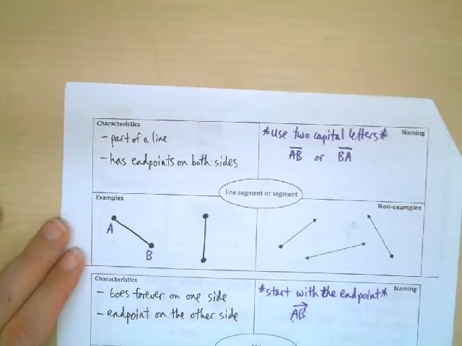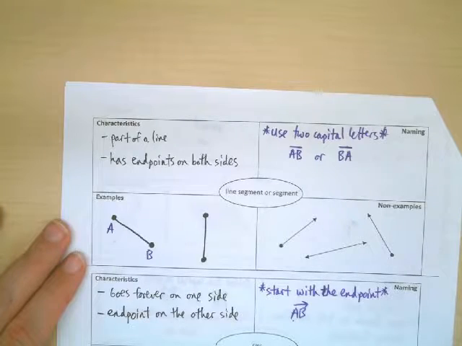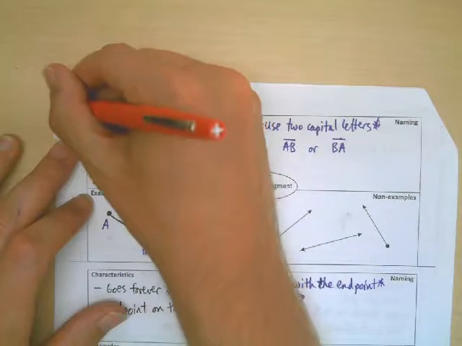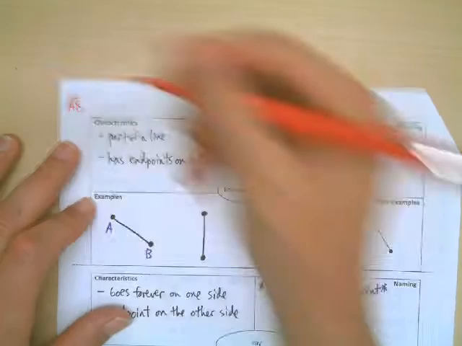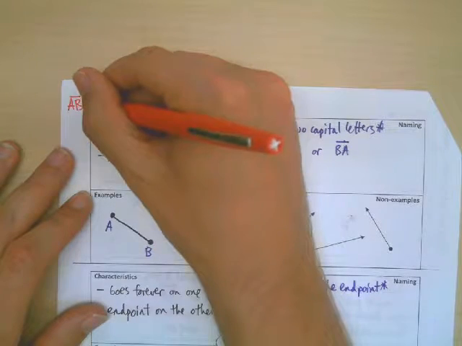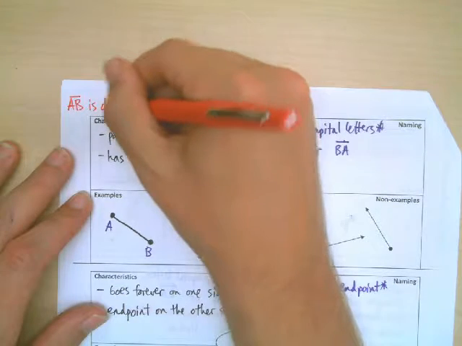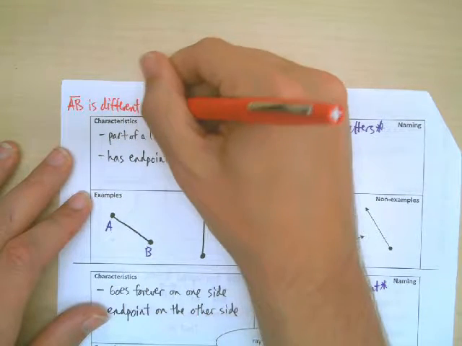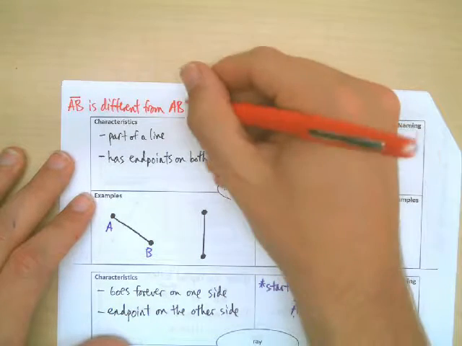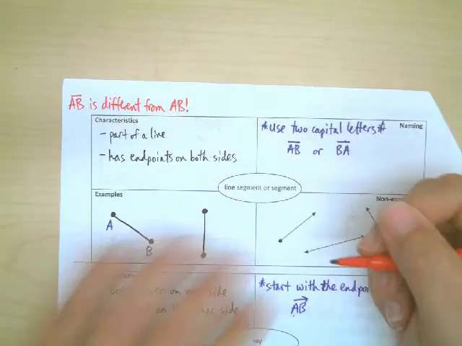And one more piece of information that I want to share with you is that naming line segment AB is different from just using the capital letters A and B. Here's why.